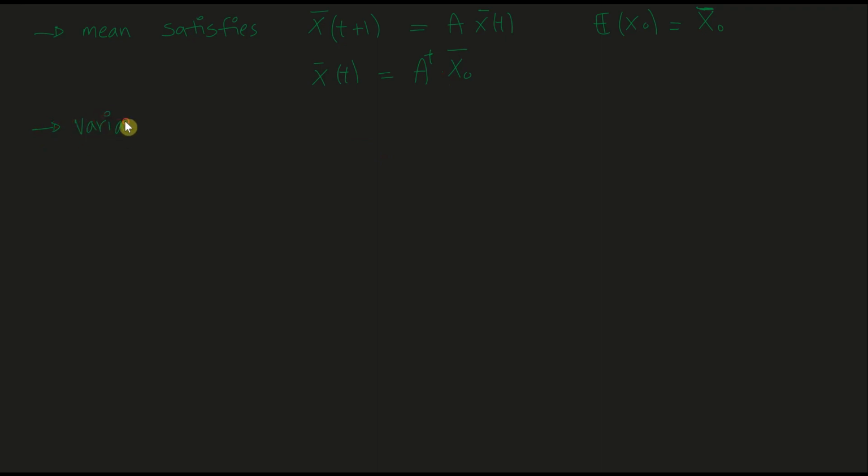And the variance satisfies the following relationship. This was one of these derivations we did earlier. We have sigma x, and it's also a function of time. So, again, I can say A is stable, and I have the steady state assumption, so I can get rid of the t plus 1. Here it is.